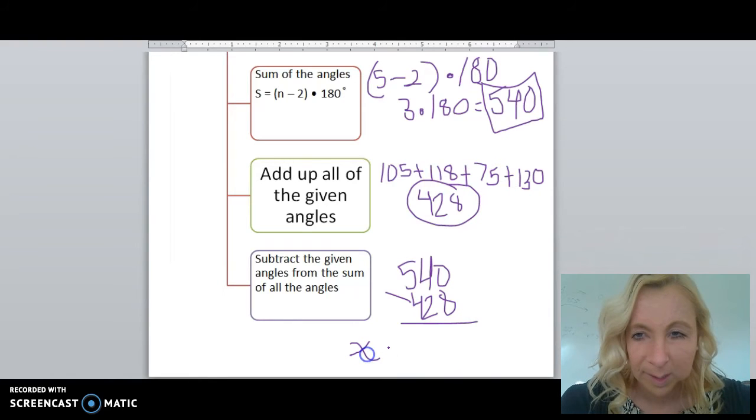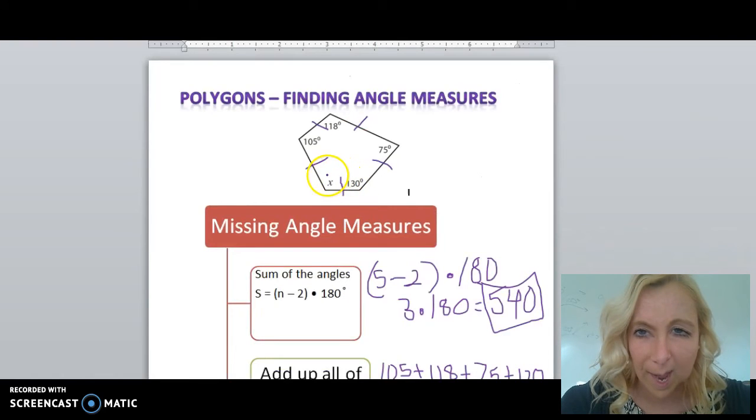So x is equal to 112 degrees. So again, if I add up 112, 130, 75, 118, and 105, it'll equal out to 540 degrees.